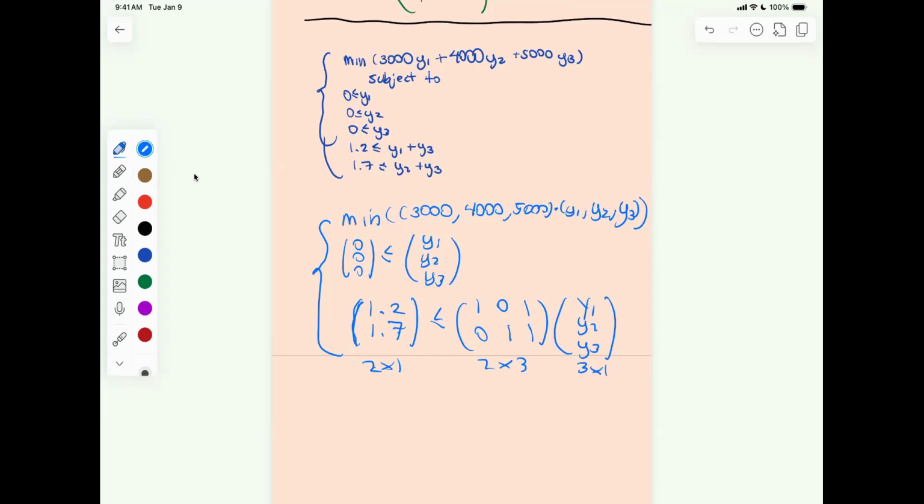That is literally the vector that I was calling B before. This is the vector B. So the vector B is appearing here.